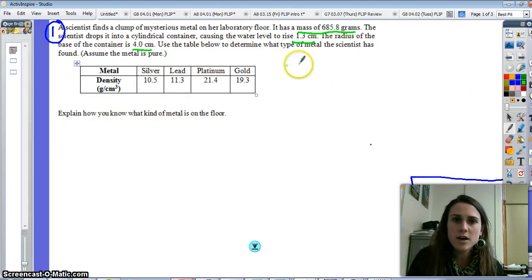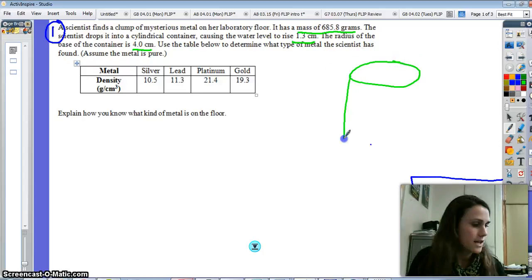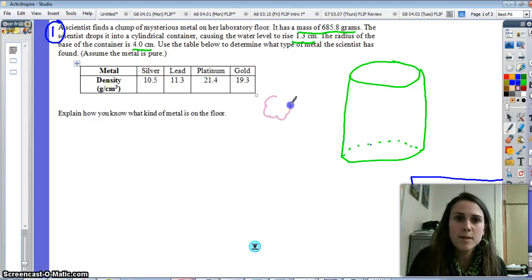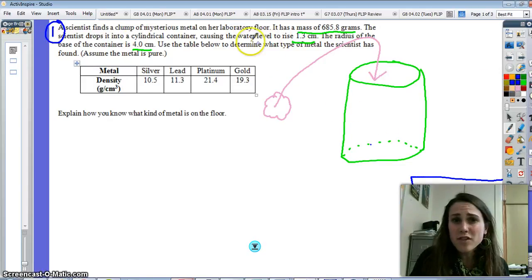Okay, so first I'm going to draw the situation. I have a cylindrical container. Kind of looks like this can of kidney beans. Well, that's a terrible cylinder. I'm sure you guys can do better. And I have this mysterious clump of metal that I'm going to drop into this cylindrical container. This container is full of water.